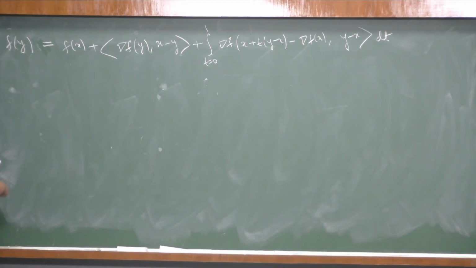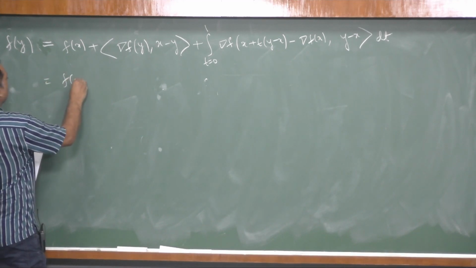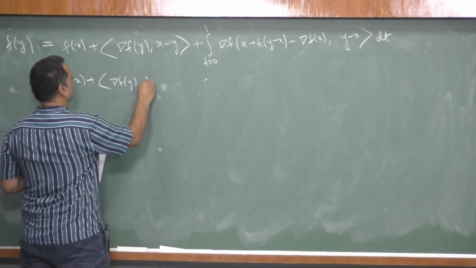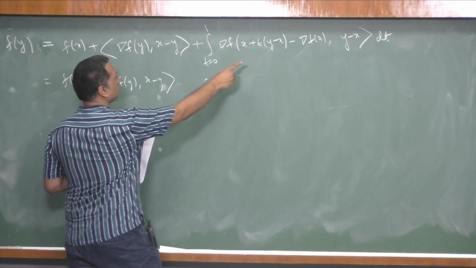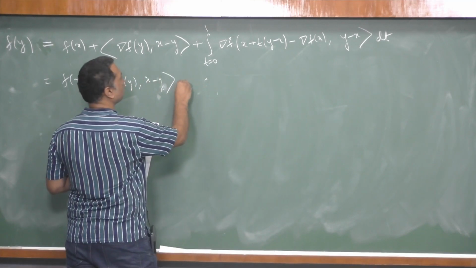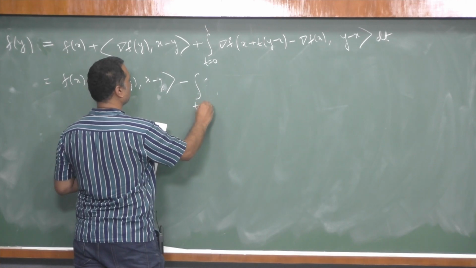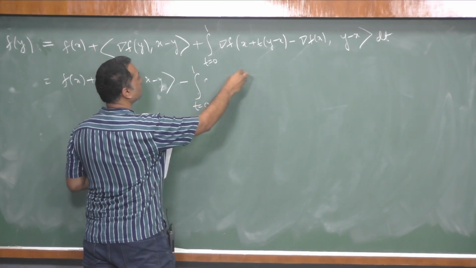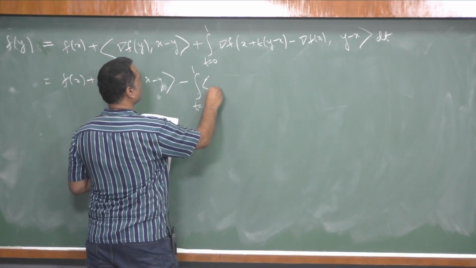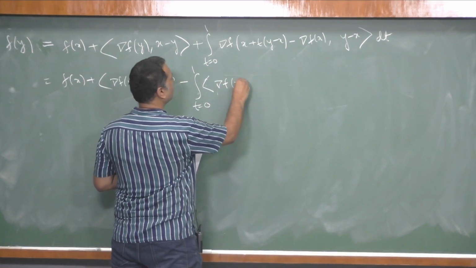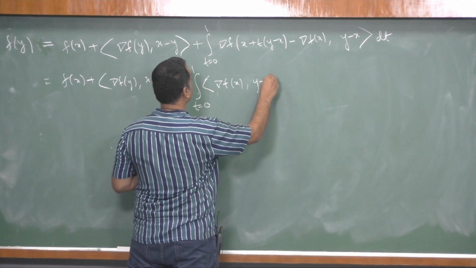If I just split this, f(x) plus grad f(y), x minus y, the additional term that was here is minus, so we have to do a reverse thing here. So the additional term that we have is grad f(x), y minus x.